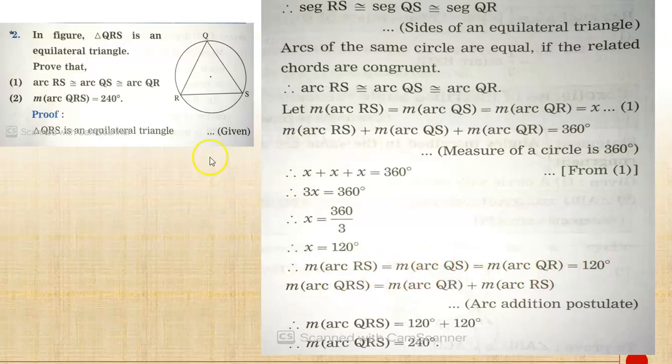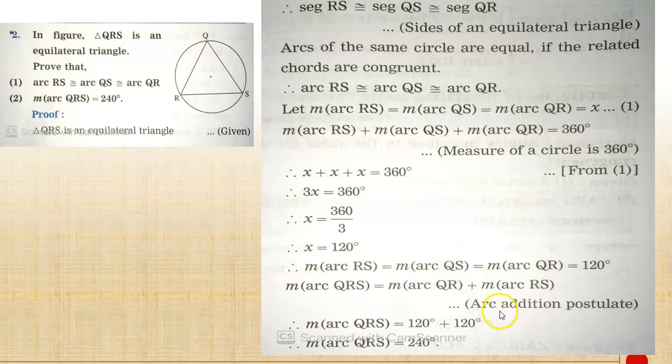Okay. Now next, I know that measure arc QRS, I have to prove this as 240. This is addition of two arcs, and that is arc QR and arc RS. So I write measure arc QRS is equal to measure arc QR plus measure arc RS.